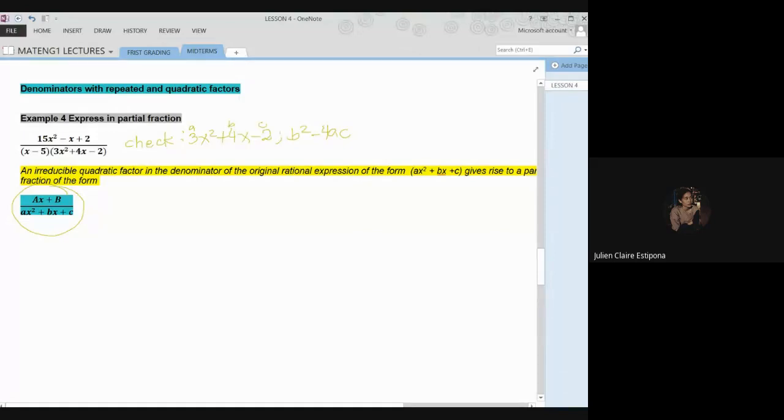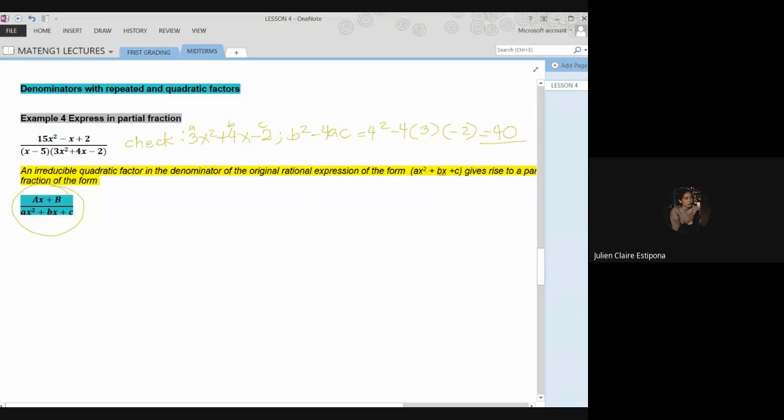So that is the coefficients of the expression. Okay, so that is equal to b squared, that is 4 squared minus 4 multiplied by a, which is 3, and then multiplied by c, which is negative 2. So that is equal to already, what is that? 40 ata. So that is 40. So 40 is not a perfect square. So we cannot factor 3x squared plus 4x minus 2.